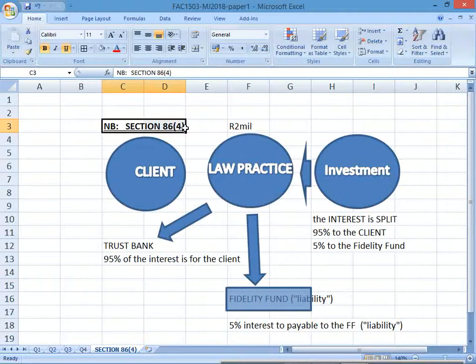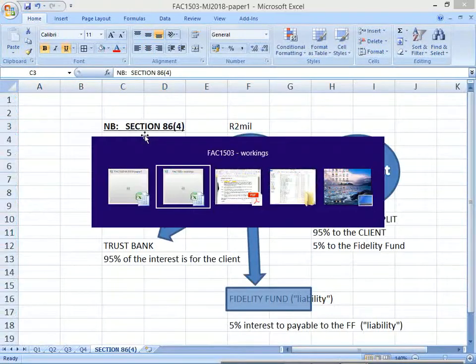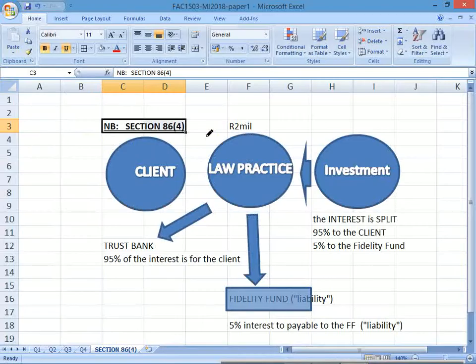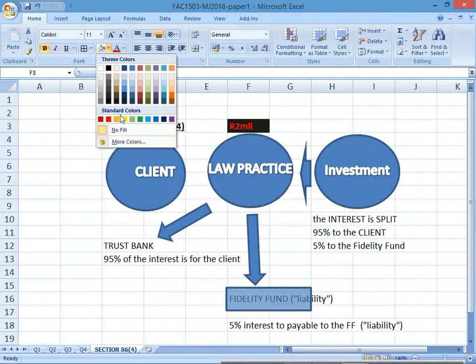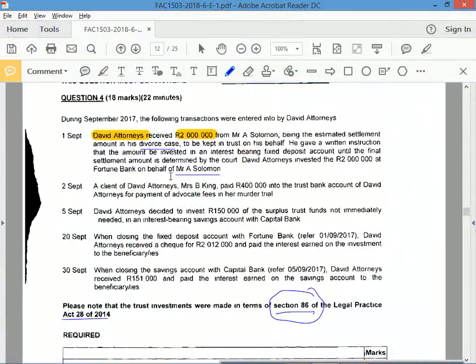So I can just redraw the theory, the notes, the study bit that you have to do, and then go back to the question and apply it. I've put the 2 million on my diagram. Let's bold it. 2 million is sitting with the law practice for the client's work, divorce case.